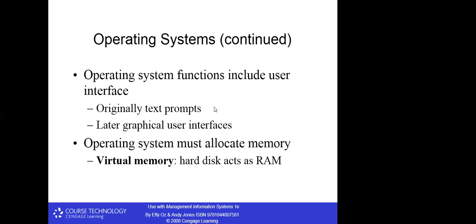Sorry about the recording. When we had a break, I paused the recording and forgot. So virtual memory, like the name says, is virtual. It's a memory that is not physical, that does not really exist. It's just pretending. It will act like a RAM, but it is actually taking space from your hard disk.